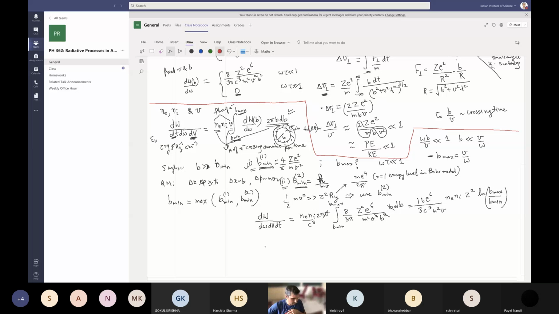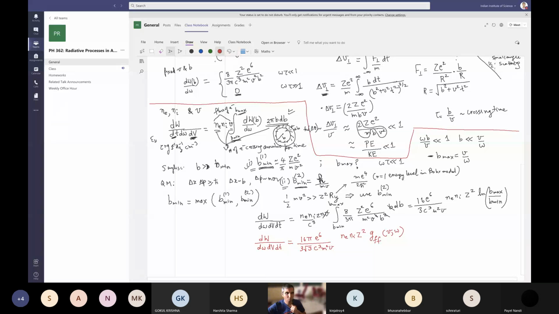So we have dw by d omega dv dt equal to 16 pi e to the 6 by 3 root 3 c cube m square v, times Ne Ni Z squared, times g_ff, which is a function of v and omega. Right, this is the form in which they write it.